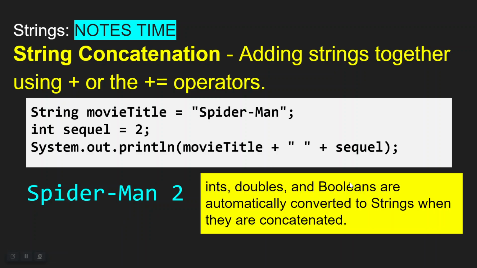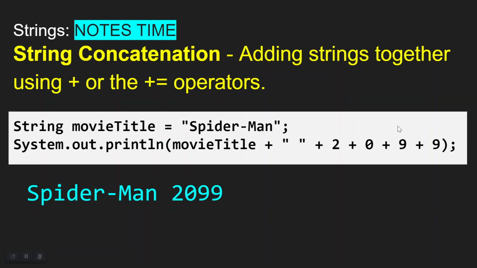So ints, doubles, and booleans are automatically converted to strings when they are concatenated. As long as you have something that is a string at the beginning and then you have a plus sign, you can put ints, doubles, and booleans down here, and those will automatically get converted to strings and concatenated.